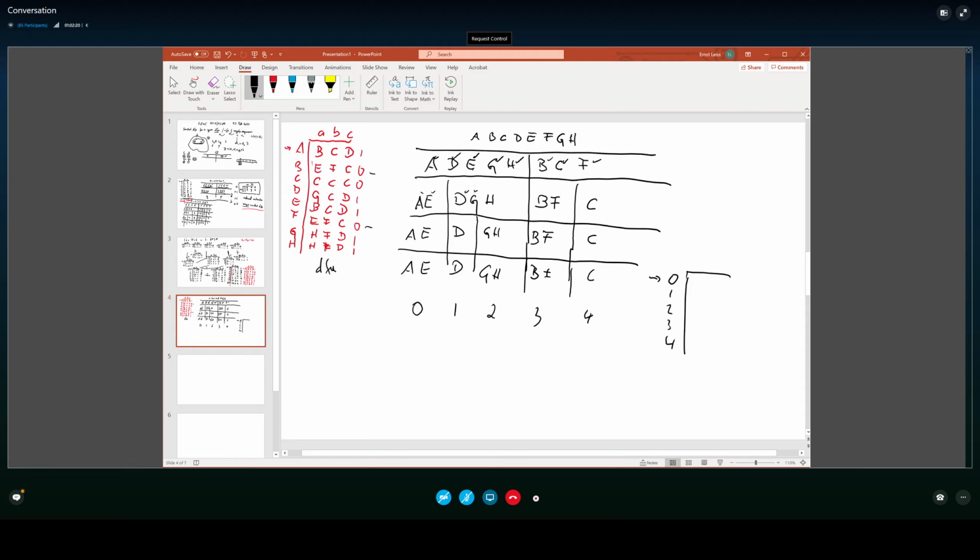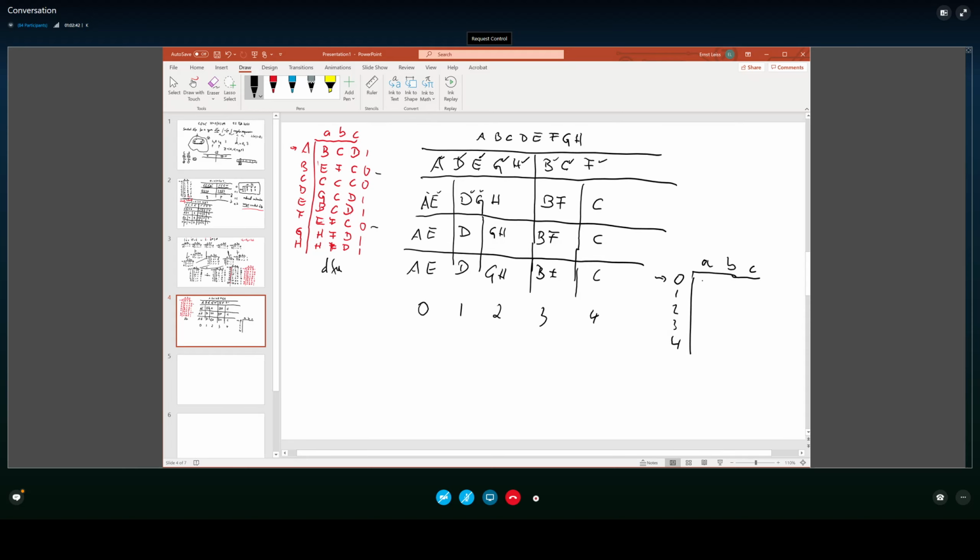Initial state is the one that contains the old initial state, which is 0 in this case because it contains A, capital A. And then from A, I pick 1, so 0, A, B, C, D. B is 3, C is 4, and D is 1.